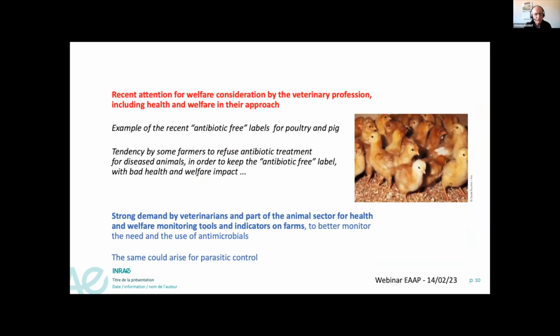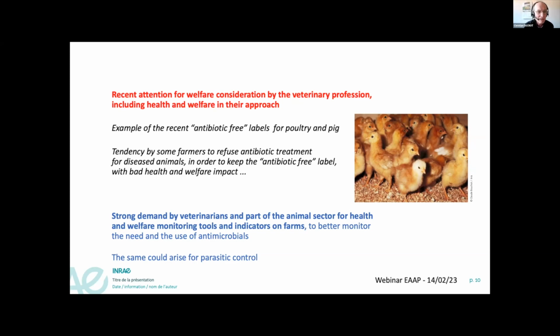I would also like to stress that the veterinary profession has recently paid attention to welfare aspects and considerations, because now they include both health and welfare in their approach. I want to present a recent example about antibiotic-free labels for poultry and pig.